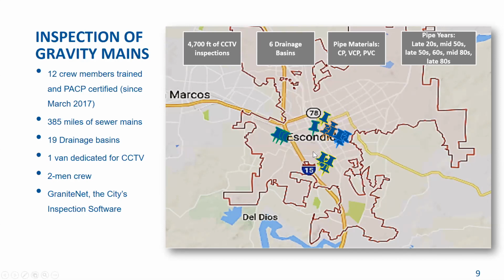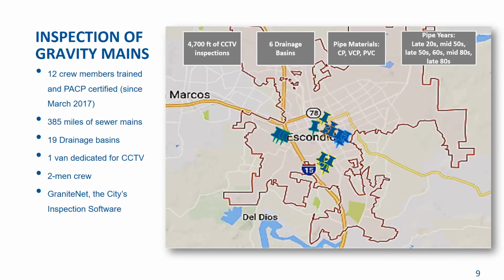The City of Escondido currently has about 12 crew members trained and certified who have possessed a valid PACP certification since March of 2017. The city also has a total of 385 miles of sewer lines.